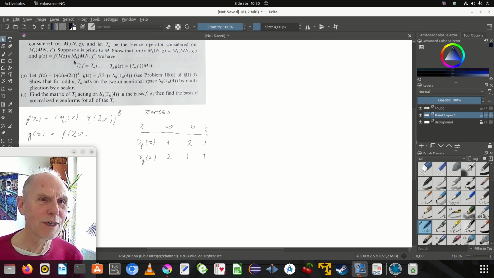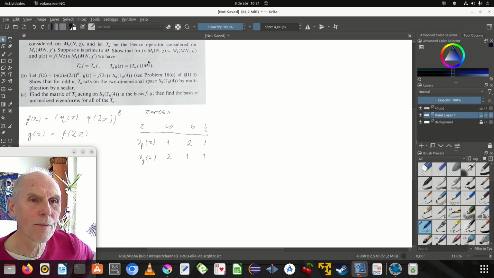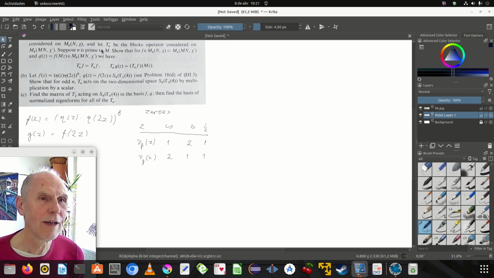But the next idea was to use this, because we proved it for odd n, and here m is 2.